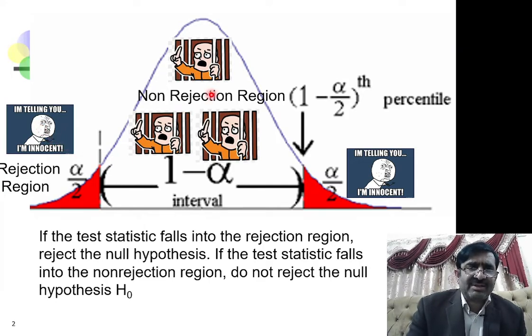That's why we reject it. The person is not innocent, because 95%, on the other hand, 5% means 0.05, and 95% means 0.95. And if the test statistic falls in the non-rejection region, we do not reject the null hypothesis.